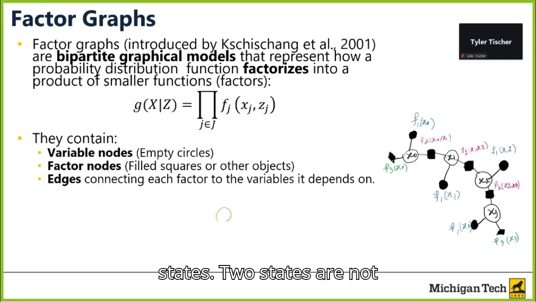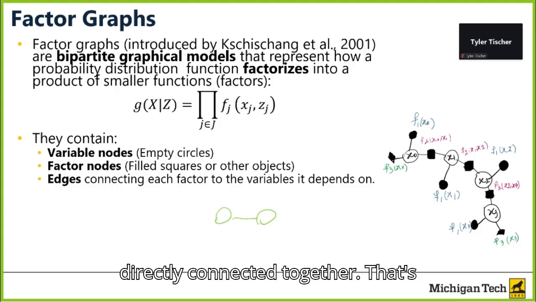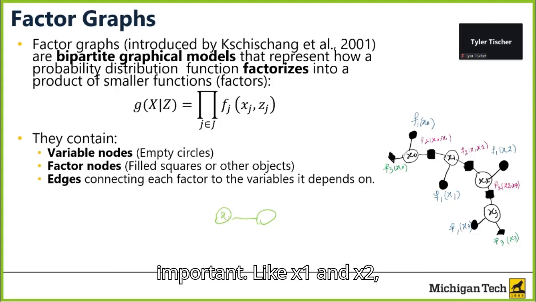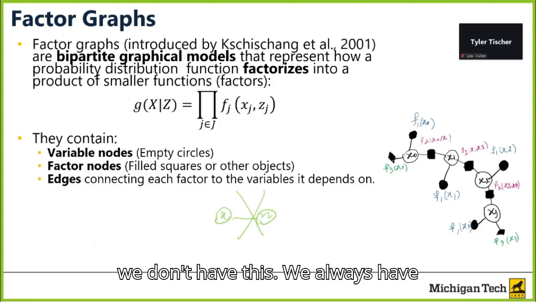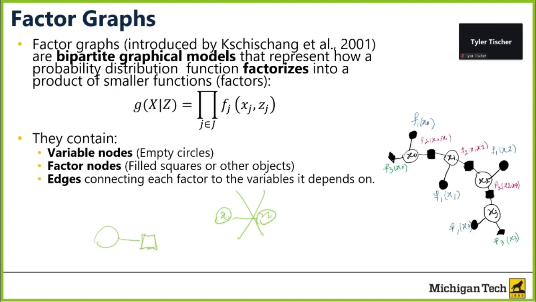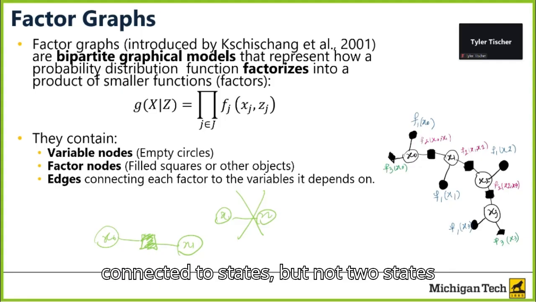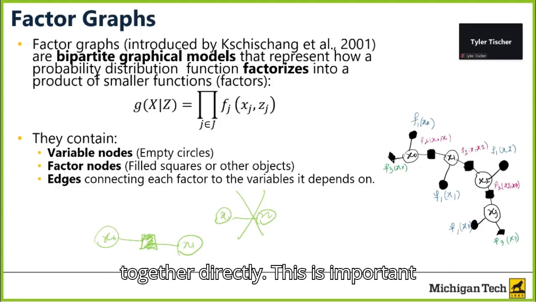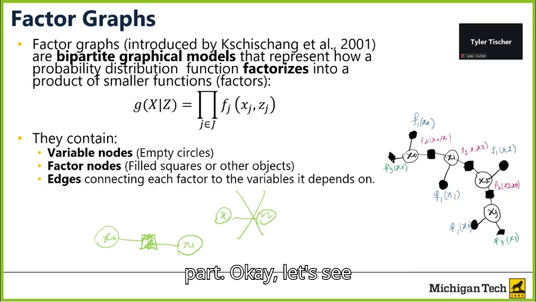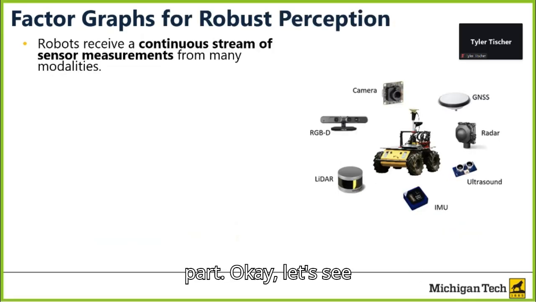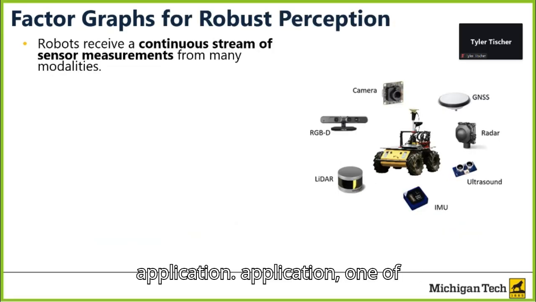Two states are not directly connected together. That's important. Like x1 and x2, we don't have this. We always have a factor between them, like x0, x1, and x2 are connected within a factor. A factor is connected to states, but states are not connected together directly. This is the important part.